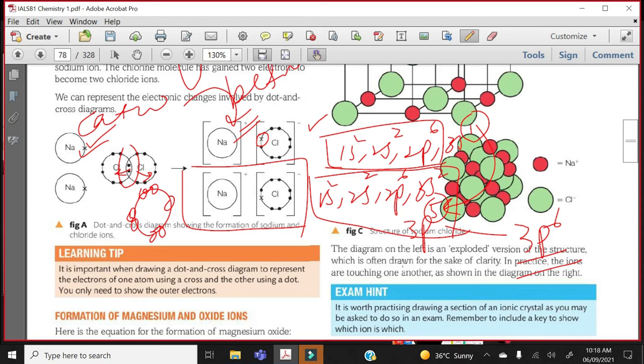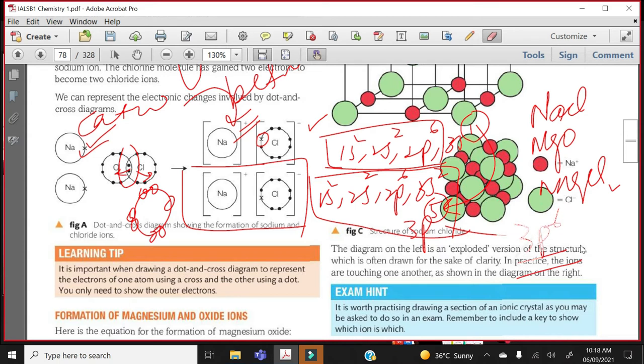So what are the examples in your course which you are going to study? You are going to study sodium chloride, NaCl. You are going to study MgO, MgCl2, CaO and CaCl2.